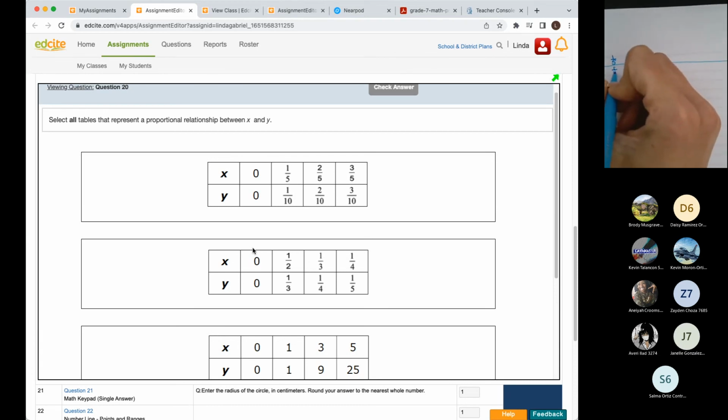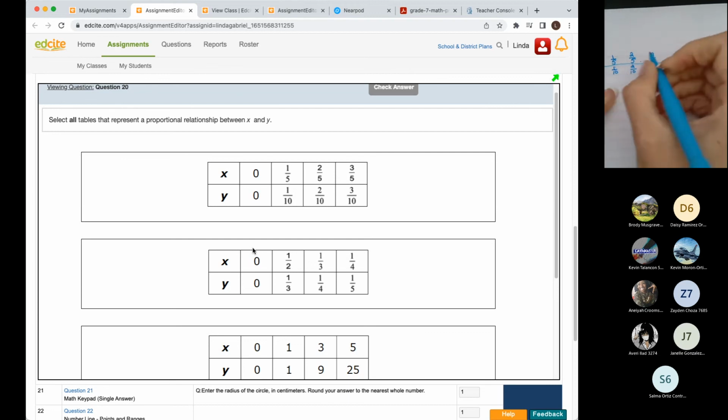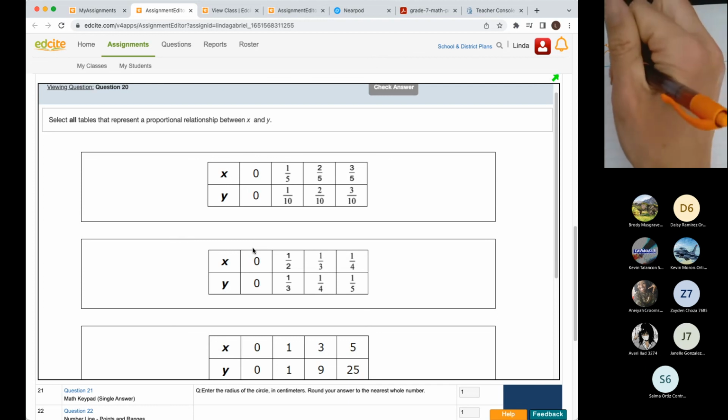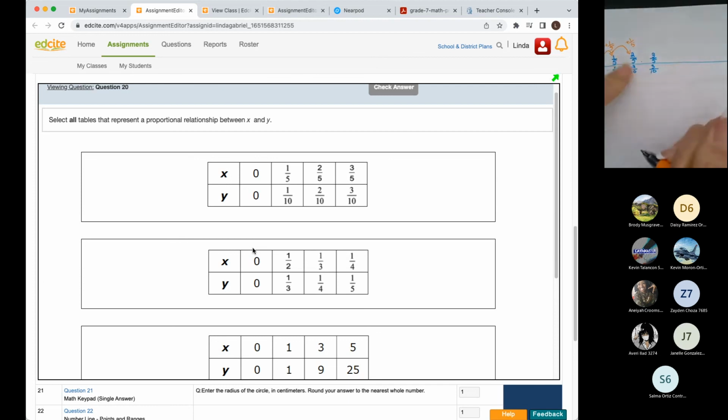I have 1/10, 2/10, and then 3/10. So I can see that as I go up in value, I add 1/5, right? If I add another 1/5, that gives me 2/5. So as I increase with my X value, I add 1/5.